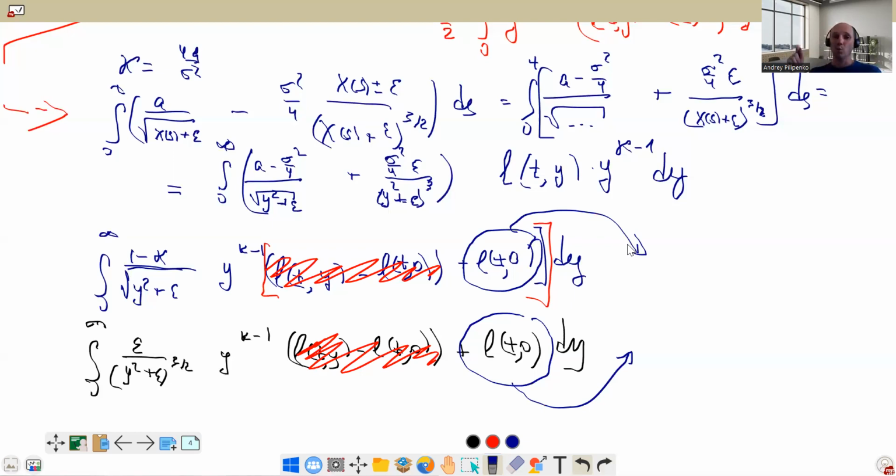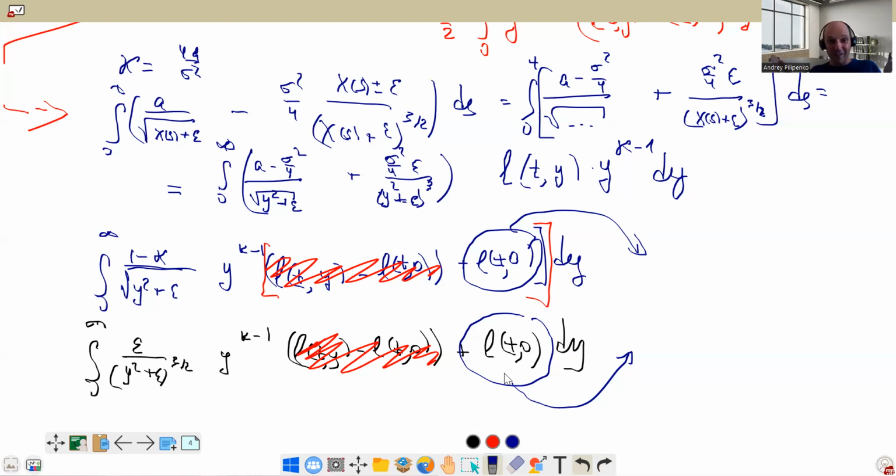And when you make the calculations, you see that this integral plus this integral is equal to 0. So this is a miracle. It is equal to 0, it does not just converge to 0. It is just 0.